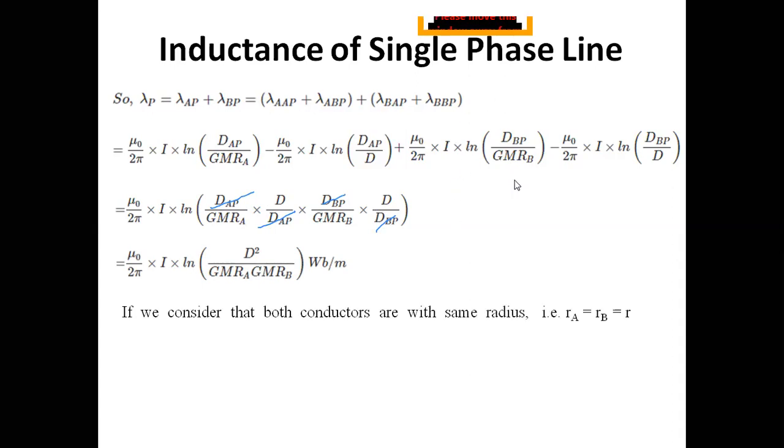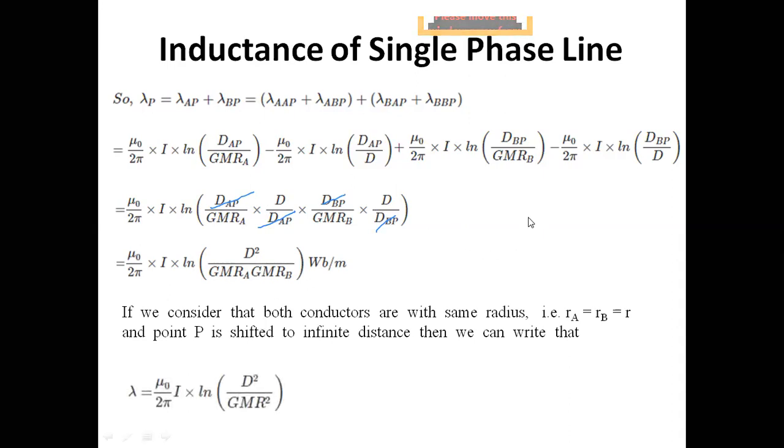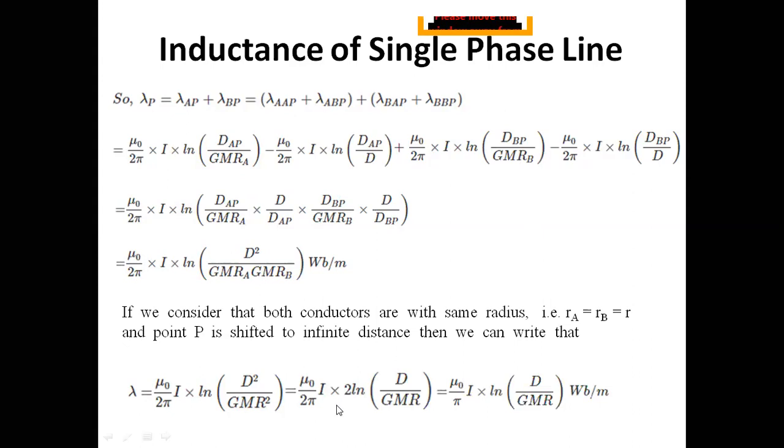Now both radii are taken equal to R. In that case, with D square, and P taken at infinite distance, the expression becomes mu naught divided by 2 pi into I ln D square divided by GMR square. In the next part, you have to bring this square term outside, so it becomes 2 ln D by GMR.